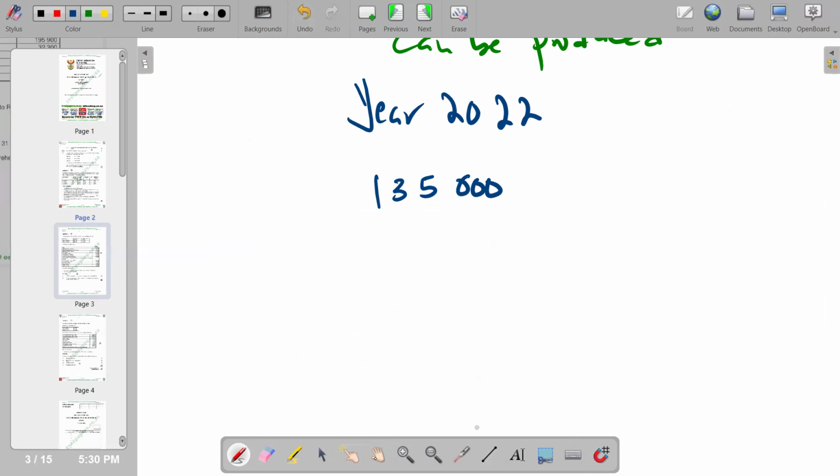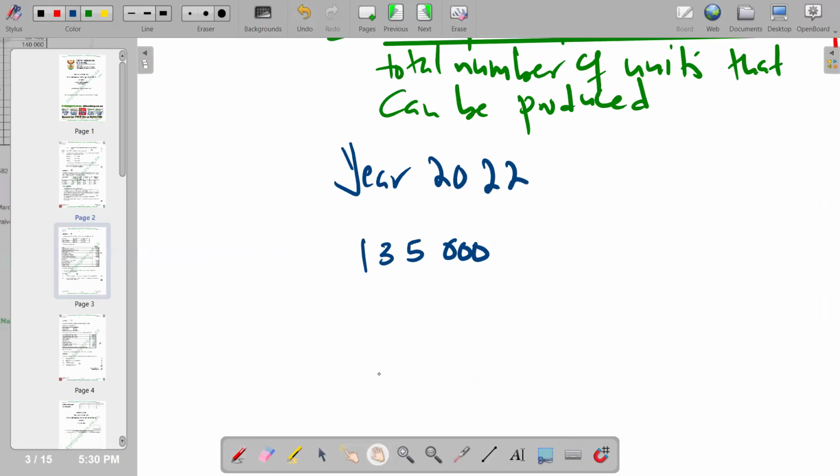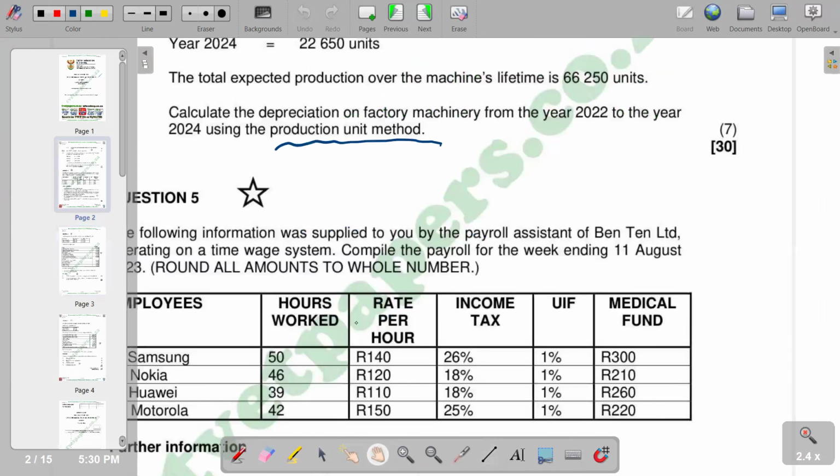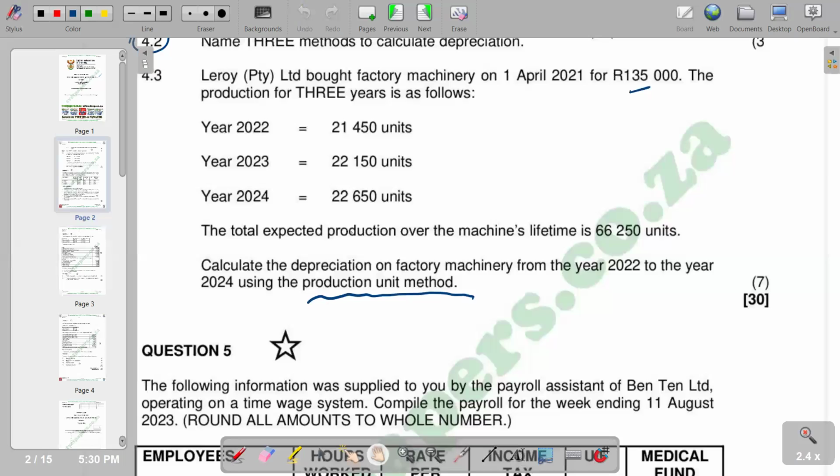And of course, remember we are saying cost price of the asset over the total number of units that can be produced. According to the question, the total expected production over the machine's lifetime is 66,250. So 66,250 is our denominator.